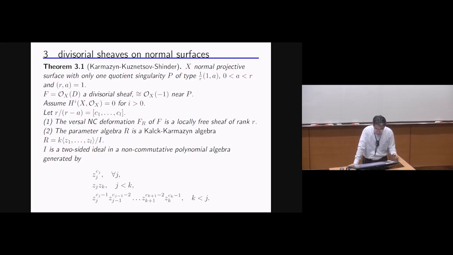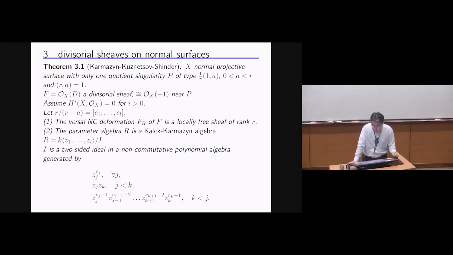And then the versal deformation of F is a locally free sheaf of rank R. So the initial sheaf is reflexive but not locally free. But if you extend R times, then you get a locally free sheaf. And the parameter algebra is the so-called Karmazyn algebra. This is a quotient algebra of a non-commutative polynomial ring divided by some two-sided ideal generated by monomials described there.